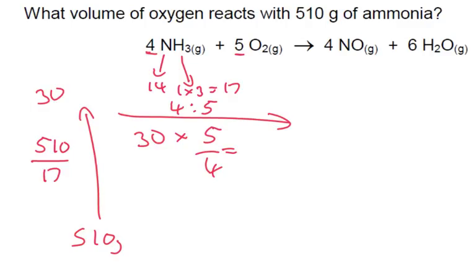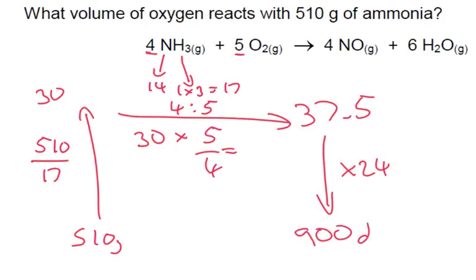So 30 times by 5 divided by 4, we get 37.5 moles. And then finally you want to know, well, what's the volume? So we're going to times this all by 24. So 37.5 times by 24, we get 900 decimeters cubed. And that there is our final answer.